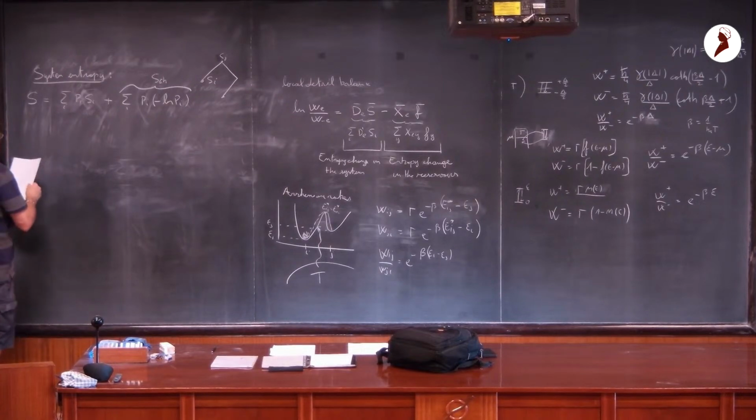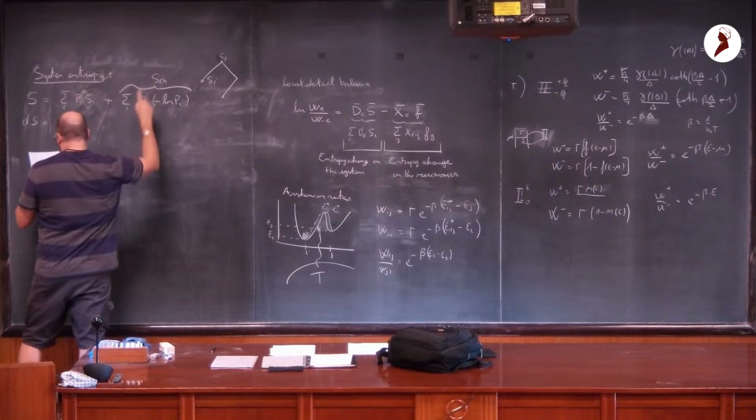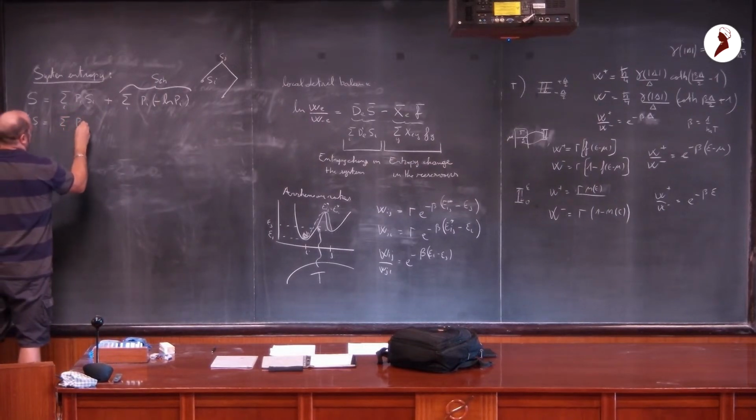Now let's go back to the balance equations. So dt S. For the balance equation for that one we had already, so I will mostly deal now with the first part.